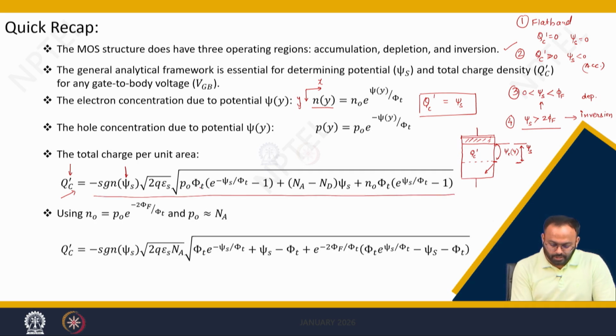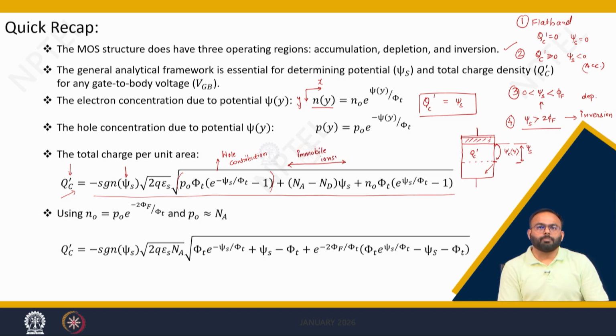Here, if you remember, the first term is due to hole contribution. The second term is due to immobile ions, whether acceptor or donor, because again we are formulating a general equation, so we need to consider both at this stage, and this is the electron contribution.